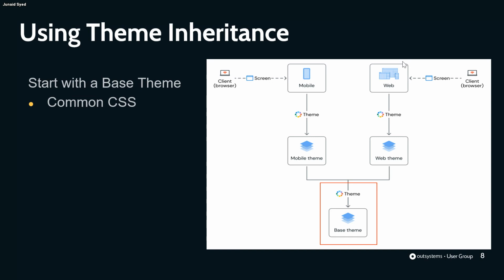There is a base theme which is being inherited by the mobile theme and web theme. The mobile theme applies its own specific styling for the mobile application, and the web theme applies its own web specific styling, and then these would be used respectively in the mobile and web applications.